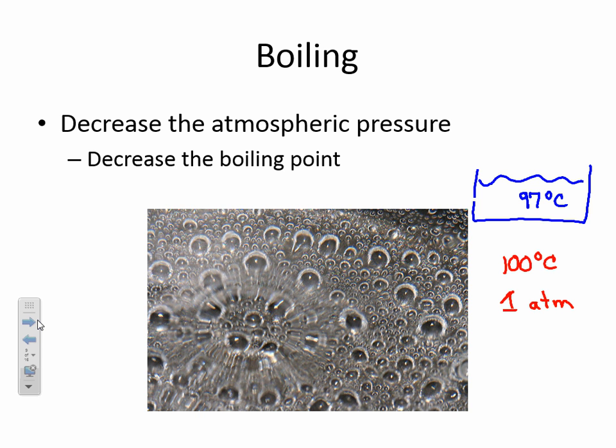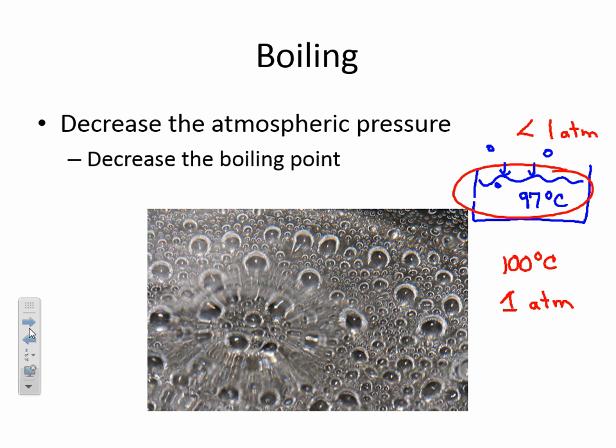In Truckee, our air pressure is less than 1 atm. So our boiling point is lower because these water molecules don't have as much pressure pushing down, so they escape more easily into the atmosphere.